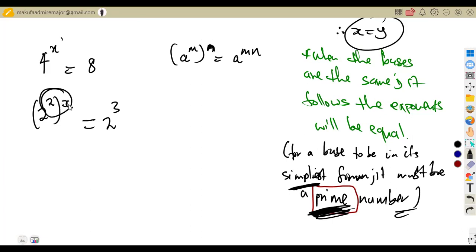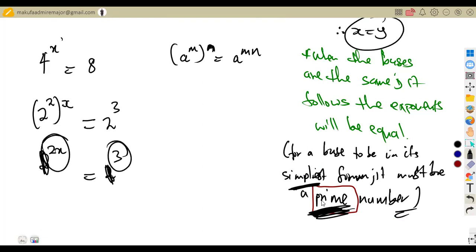So that means if I have an exponent and exponent, I have to combine this to be a single term. That's 2 times x. So you're going to have 2 to the exponent of 2x is equal to 2 to the exponent of 3. The bases are the same, the 2 and the 2. So therefore, our exponents must be equal. So the exponents, in this case we are referring to 2x, must be equal to 3.